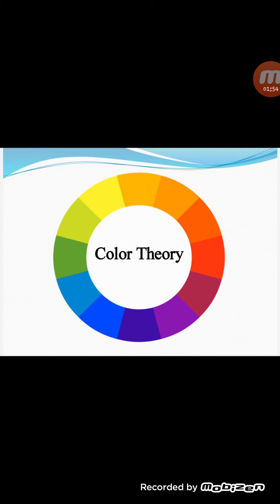The color wheel is the base of color theory because it shows the relationship between colors. Color theory is a body of principles which provide guidance on the relationship between colors and the physiological impacts of certain color combinations.